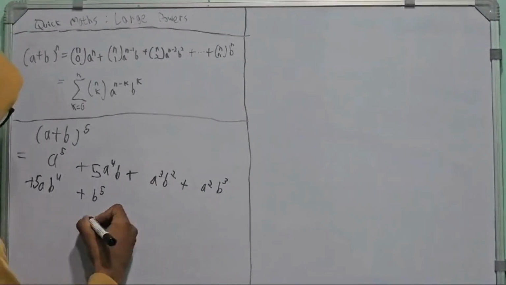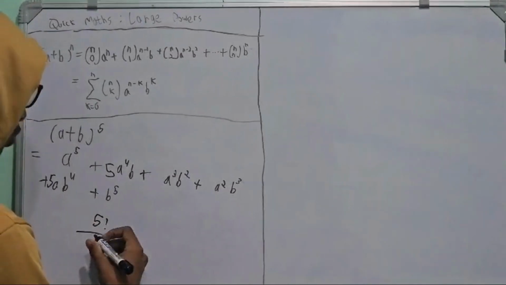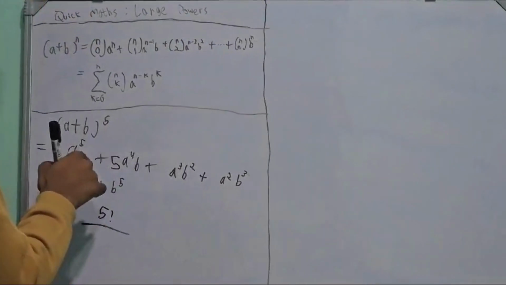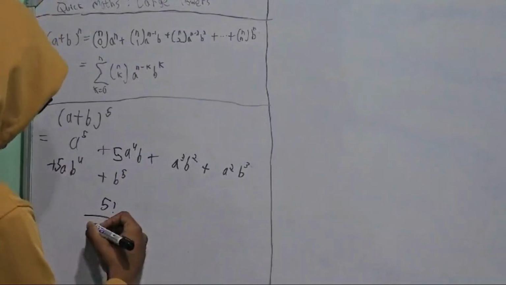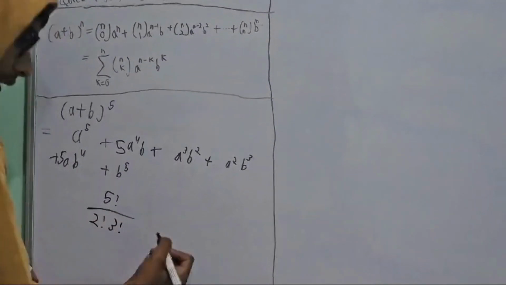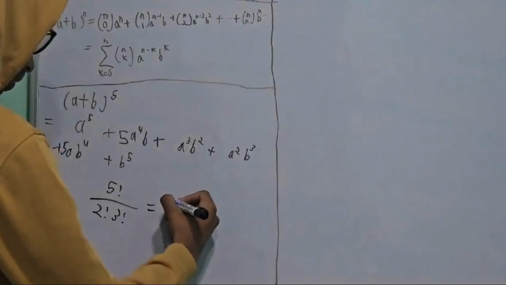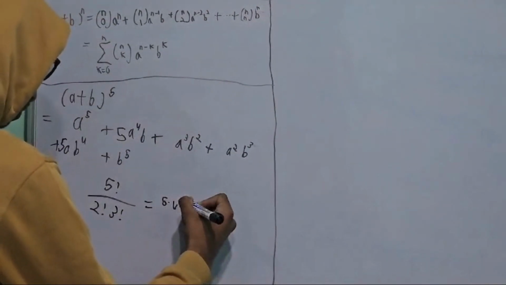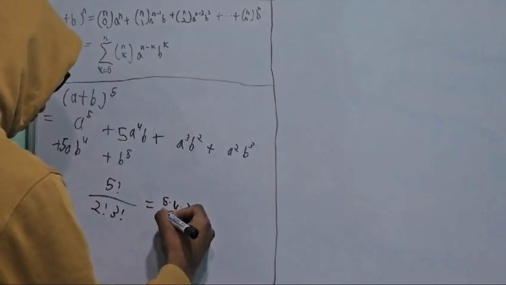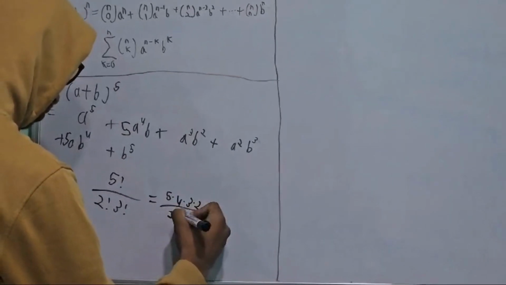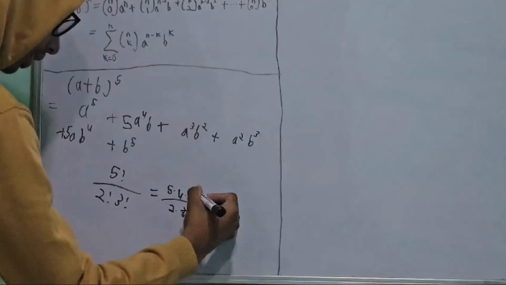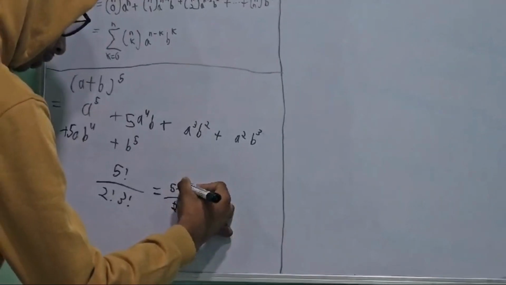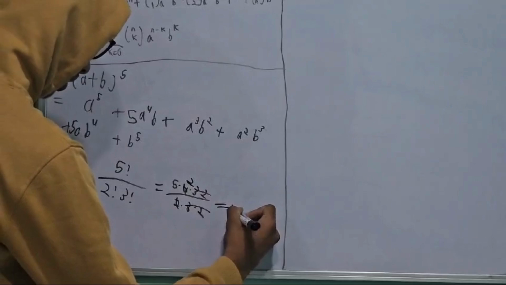That will be 5 factorial over, this is the 0, 1, 2 term, so it will be 2 factorial times 3 factorial. So we can write this as 5 4 3 2 upon 2 into 3 into 2. Now we can easily cancel this, and this is equal to 10.